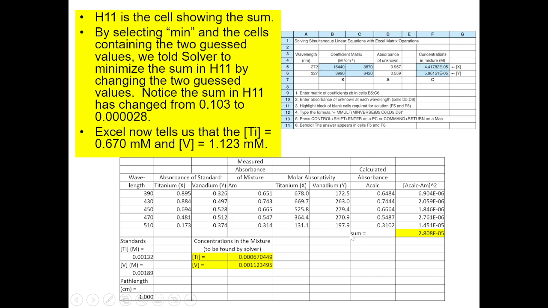Okay. And what we see here is the result of that solving. So the solver has minimized this value to 10 to the negative 5. That's pretty decent, right? That's a value very close to 0, okay? And what it's gotten is concentrations here from that solving, okay?